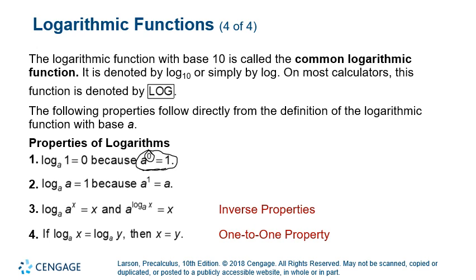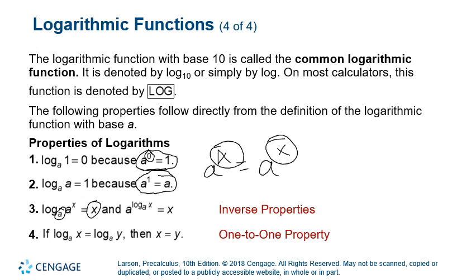When you have log base a of a, that solution is going to be 1 because a to the 1 is a. When you have log base a of a to the x, that's going to equal x, because when I take this a and this x, those two x's are the same.